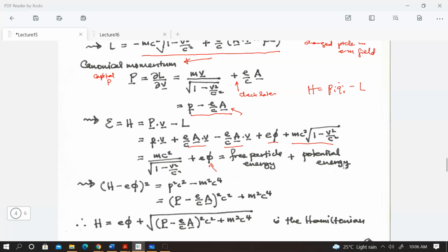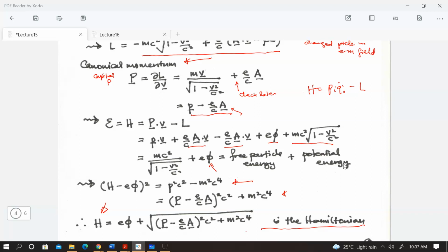And then the other part will come from the electrostatic potential, which is precisely what we know earlier. But now if I really want to get an expression for the Hamiltonian in terms of this new conjugate momenta, I will need to use this again, and this will be written in terms of the new conjugate momenta, capital P, and then you sort of re-invert this to get your expression for your H. So this will be your Hamiltonian for the case of a charged particle in an electromagnetic field.